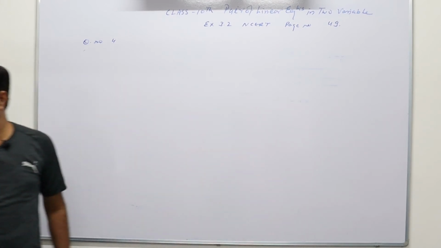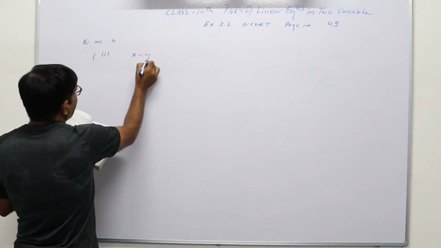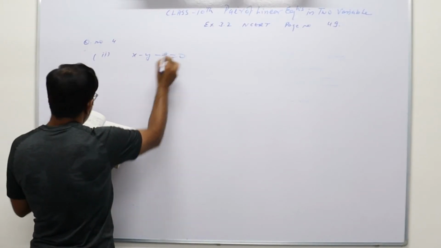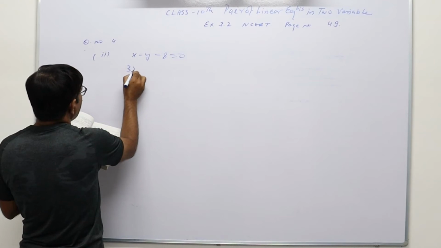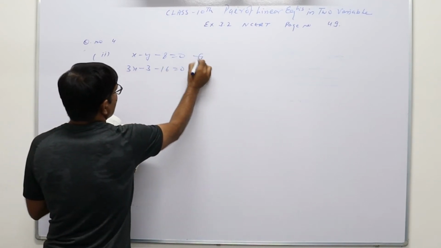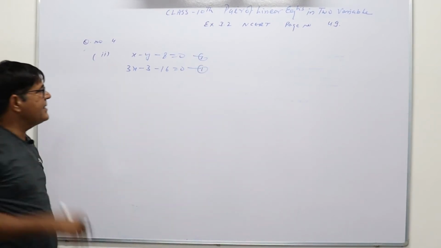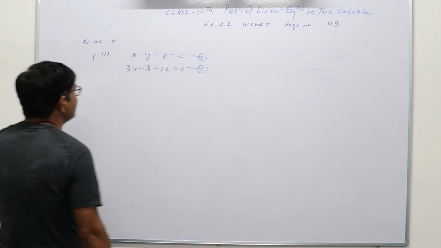Question number two. x minus y minus 8 is equal to 0 and 3x minus 3y minus 16 is equal to 0. So first we have to check whether the system is consistent or inconsistent.